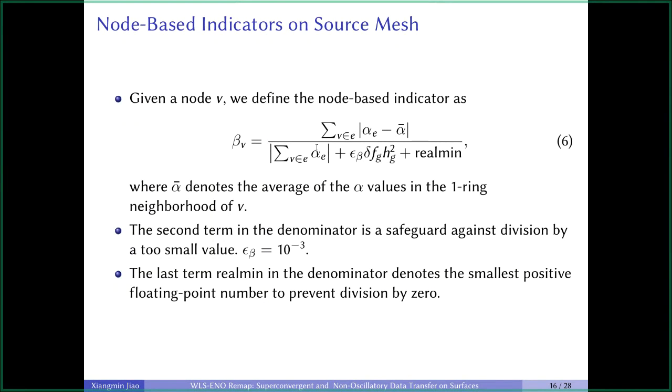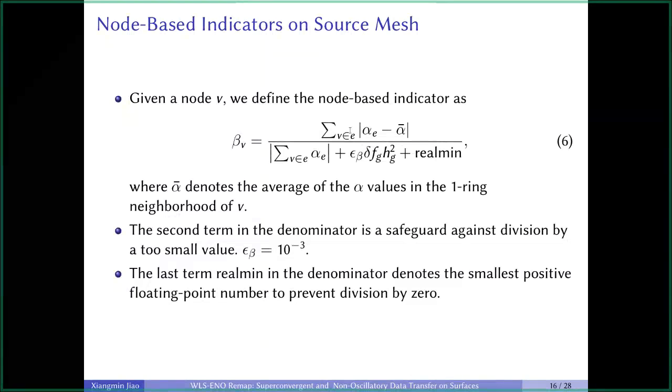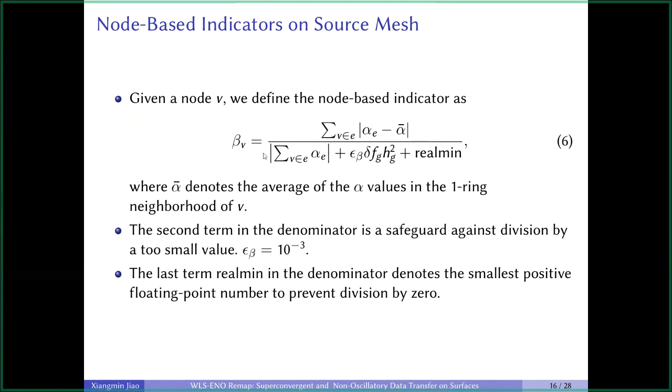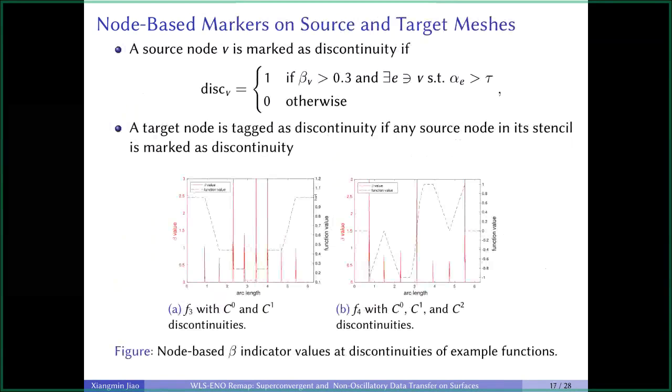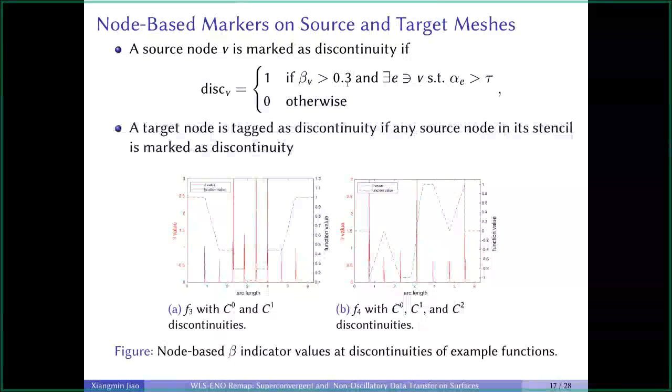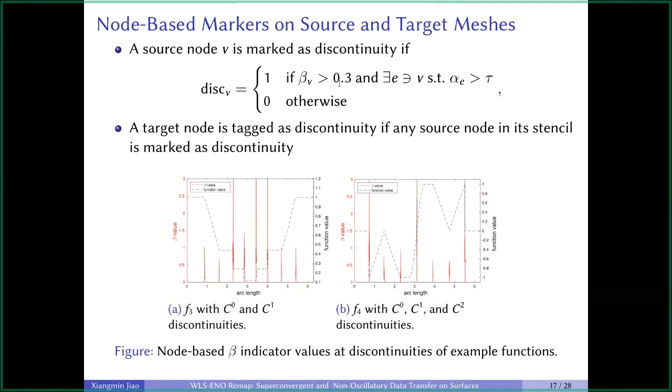So basically using this as the main criterion and then a couple of safeguards against division by small values or division by 0. And from this formula, we can actually derive a theoretical value for beta for smooth functions. And then we can choose a value so that it is large. I mean, it's a clear gap between smooth and discontinuous regions.